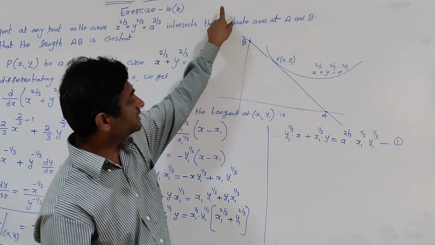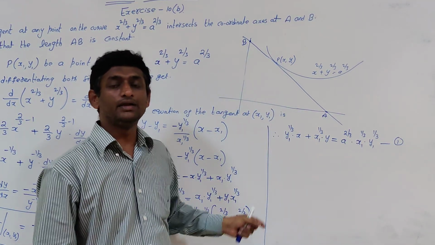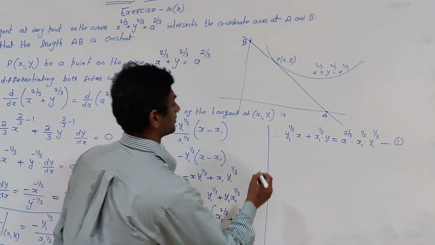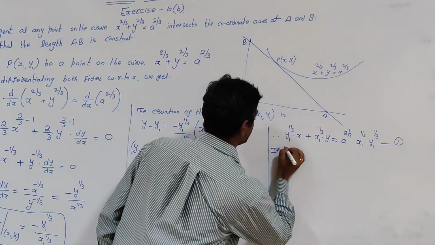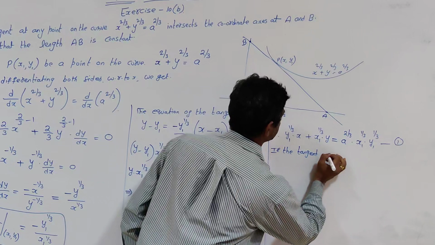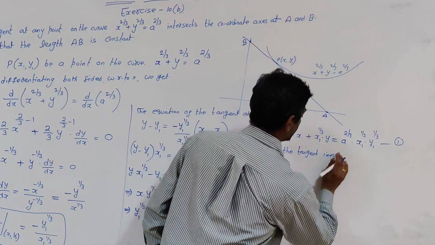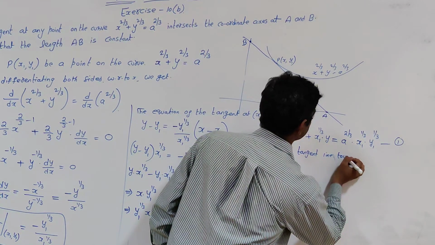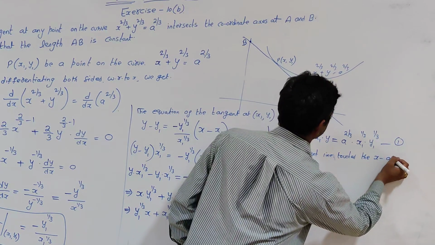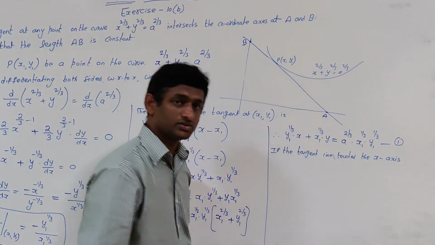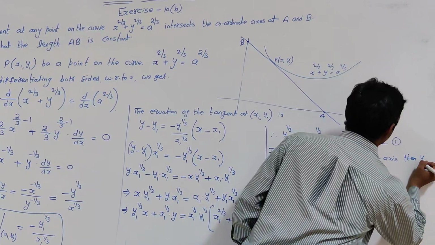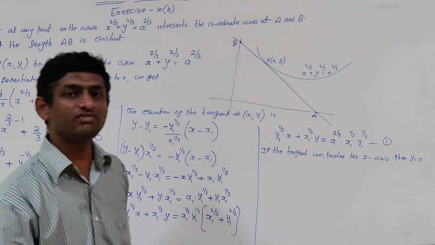Now this line, if we extend it, touches the x-axis as well as the y-axis. If the tangent line touches the x-axis, then y will be 0.